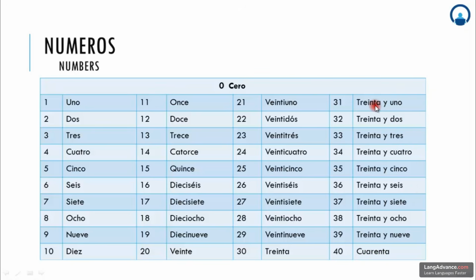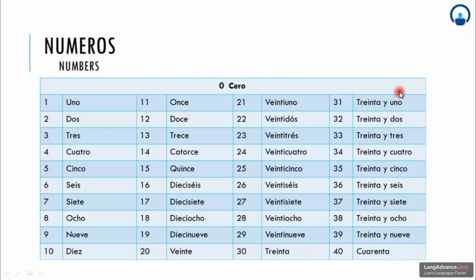Just write 30 and 1, 30 and 2. So we start 31, 32, 33, 34, 35, 36, 37, 38, 39, 40.